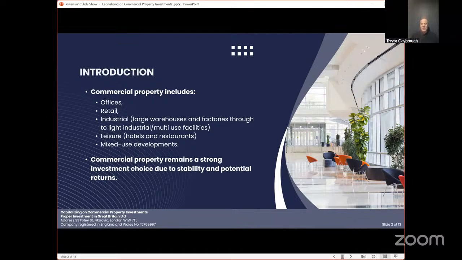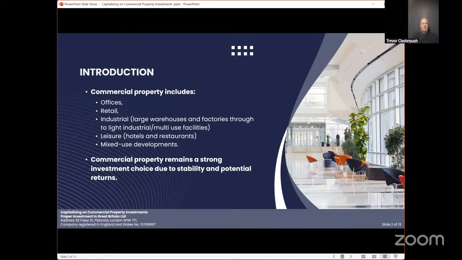That reduces the risks if there's a problem with one occupant. We'll also see that in commercial, those risks are a lot less important or critical than in residential. Then we've got leisure, which is hotels and restaurants. And then mixed use developments, a combination of basically all of the above, probably except industrial.